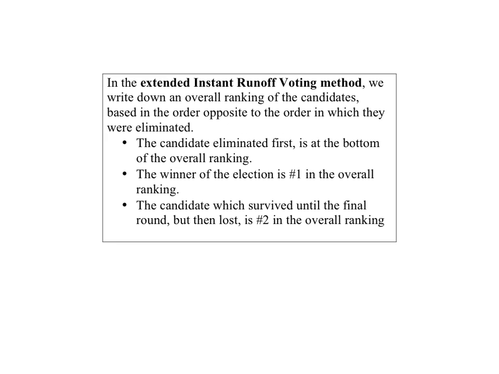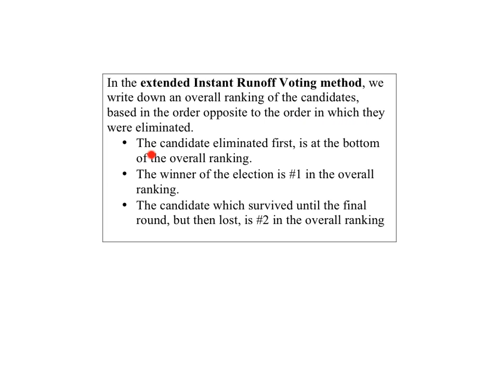So just as we had an extended plurality method, we have an extended instant runoff voting method, and that just means that we take all the work that we did to pick the winner and we rank the candidates. We produce an overall ranking of candidates. How does that work? Well, you look at the order in which they were eliminated, and then they are ranked in the opposite order.